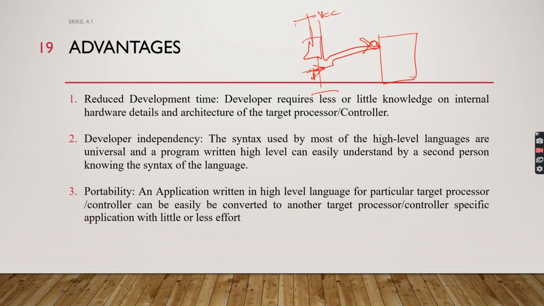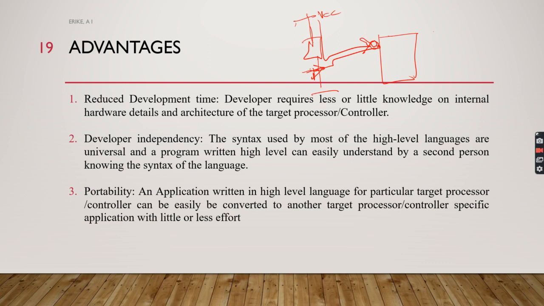What is portability? An application written in a high-level language for a particular target processor or controller can easily be converted to another target processor or controller-specific application with little effort. In other words, we can easily make adjustments, and then it will work for another processor.